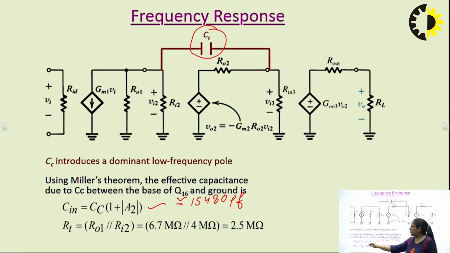Then the total resistance we can calculate by considering the parallel combination of the output resistance of the input stage and the input resistance of the second stage. These two values, as I told you, can be calculated with the help of the small signal analysis of the second stage and the input stage, which will come around 2.5 mega ohm.